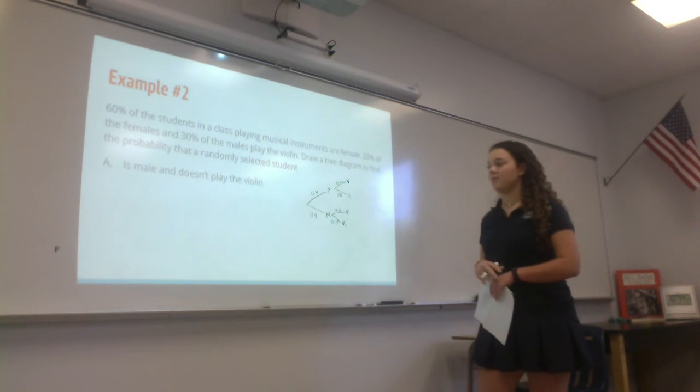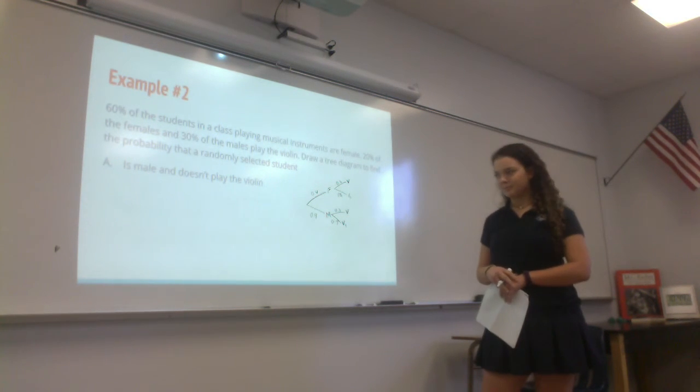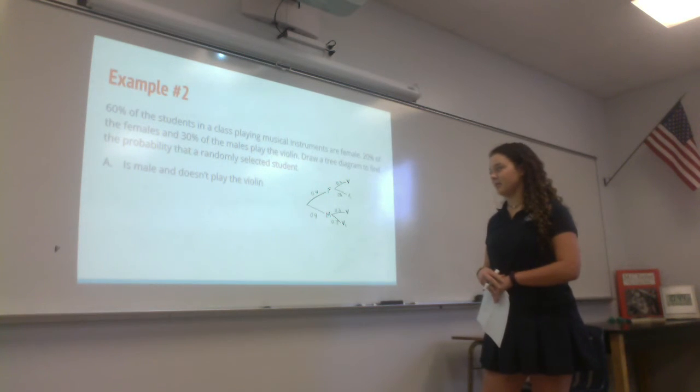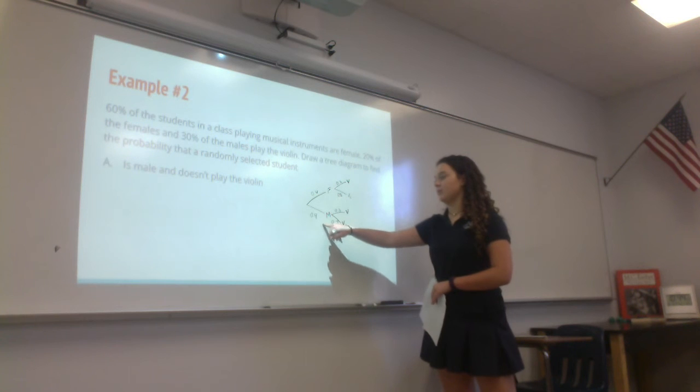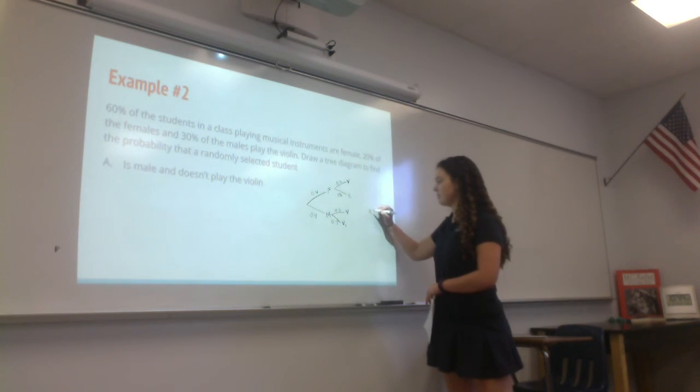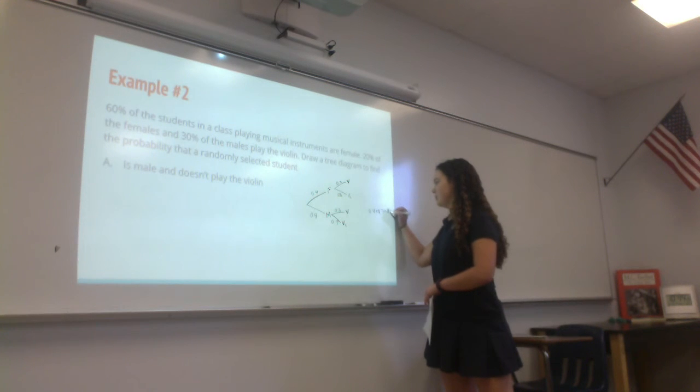So if we're finding the probability that the student is male and doesn't play the violin, we have to look at M times V prime, and that's 0.4 times 0.7, which is 0.28.